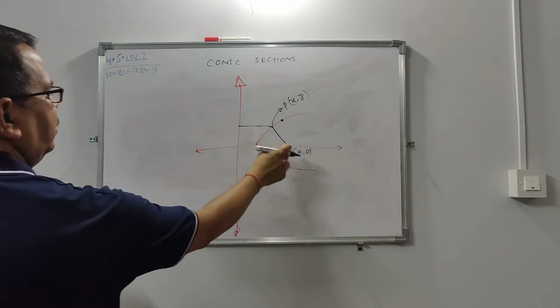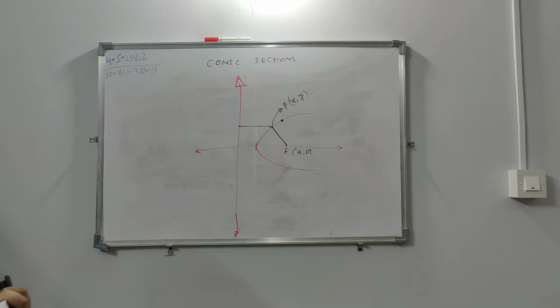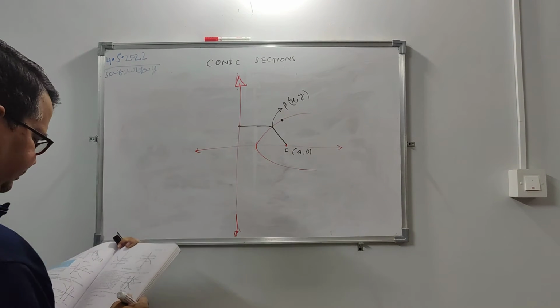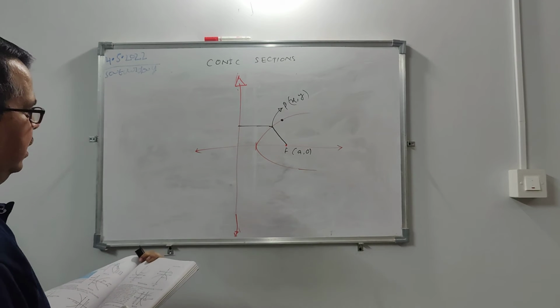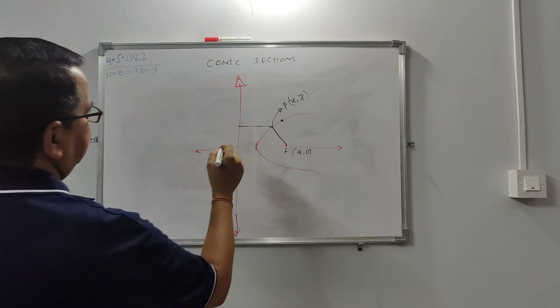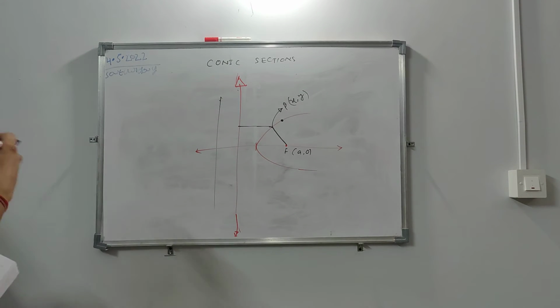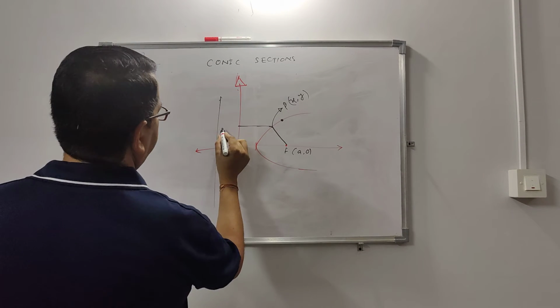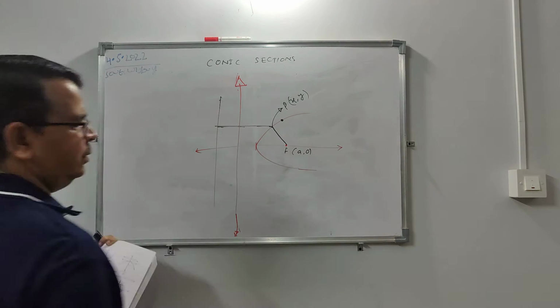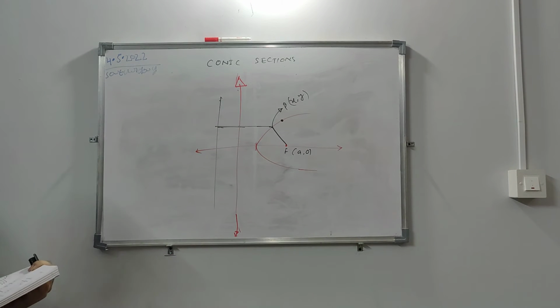From the origin it is at a distance a. Let us say my directrix is somewhere here, a little behind the y-axis, so I will measure my distance from here. It looks very big and this looks small, but don't get confused. It is just a representation.